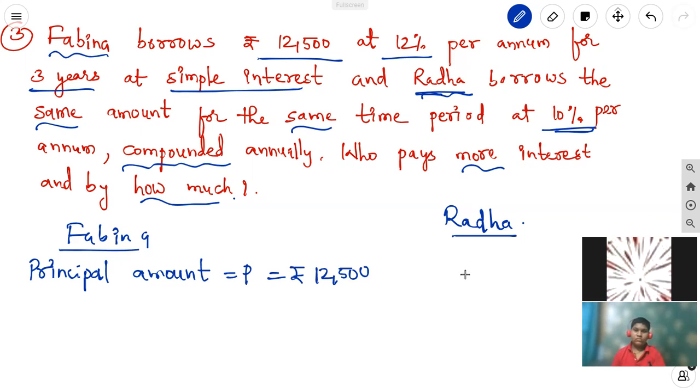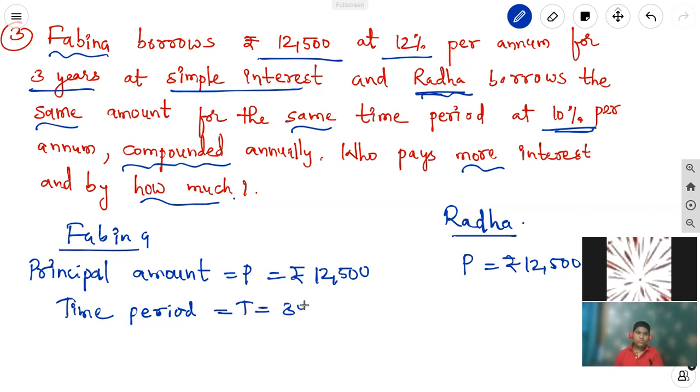Fabina is taking it and Radha is also taking the same amount, 12,500 rupees. The time period T is equal to 3 years. Same amount, same time period.